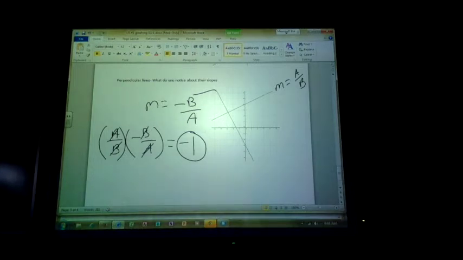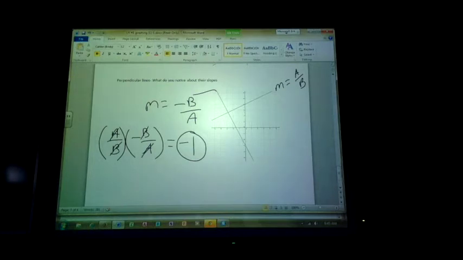Perpendicular slopes are opposite reciprocals, or negative reciprocals. One will be a positive slope, one will be a negative slope, and they're the flip of the fractions of each other.